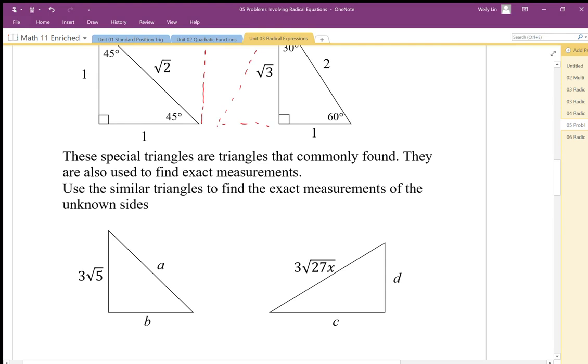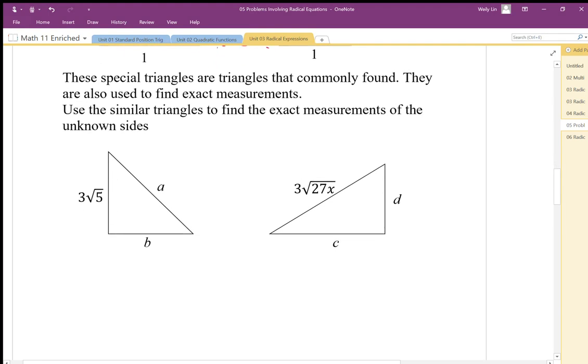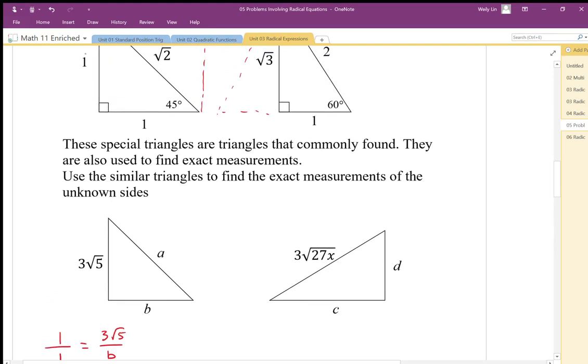So I'm going to do this first one using a trig ratio. I know that the ratio of 1 to 1 is equivalent to 3 root 5 to side b. So 1 to 1 is equal to 3 root 5 to b, which means that b is equal to 3 root 5.